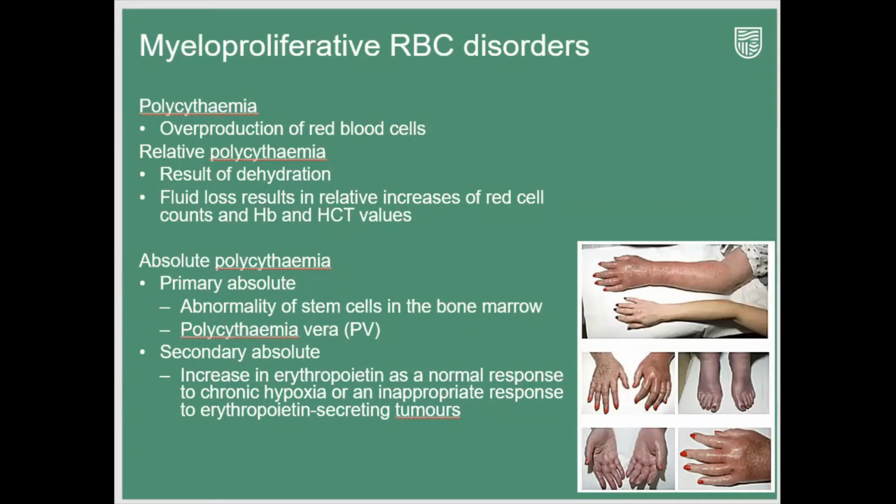Absolute polycythemia is a rise in hematocrit due to an increase in total red cell mass and is classified as primary or secondary. Primary is a neoplastic disease of the pluripotent cells of the marrow, characterized by an absolute increase in total red blood cell mass, accompanied by an elevated white cell and platelet count.